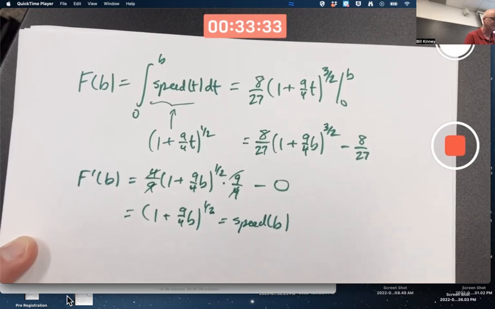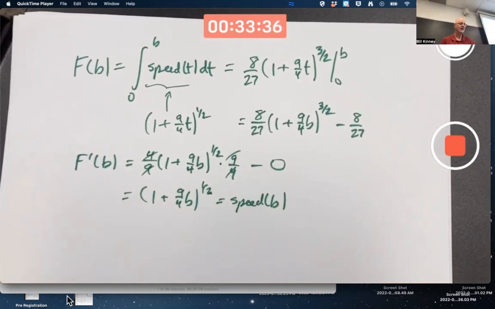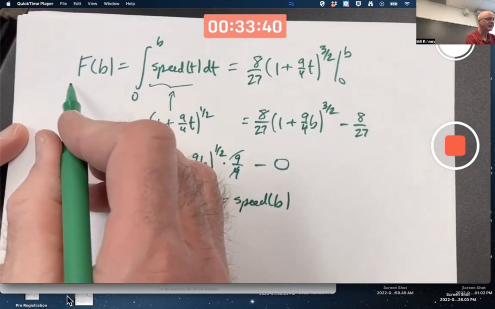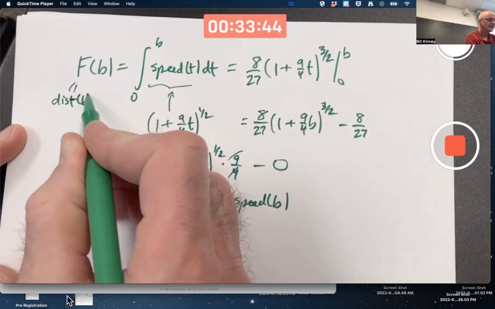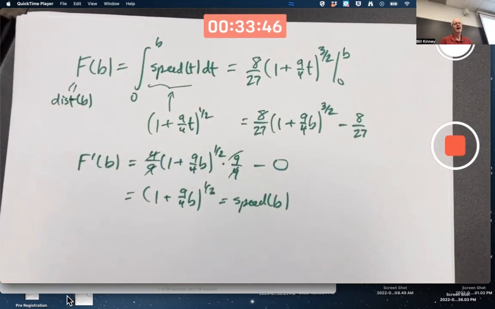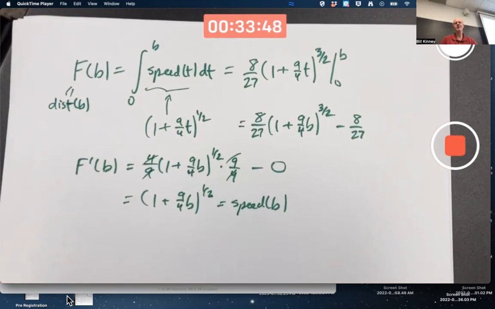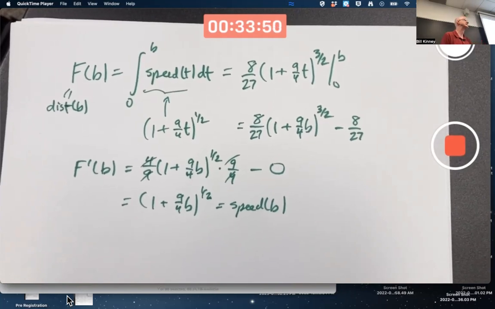How about that? F of b really is a distance traveled function. I could call it dist of b. And then you can take a step back and say, well, why bother calling it b? Why not call it t? And I could do that.